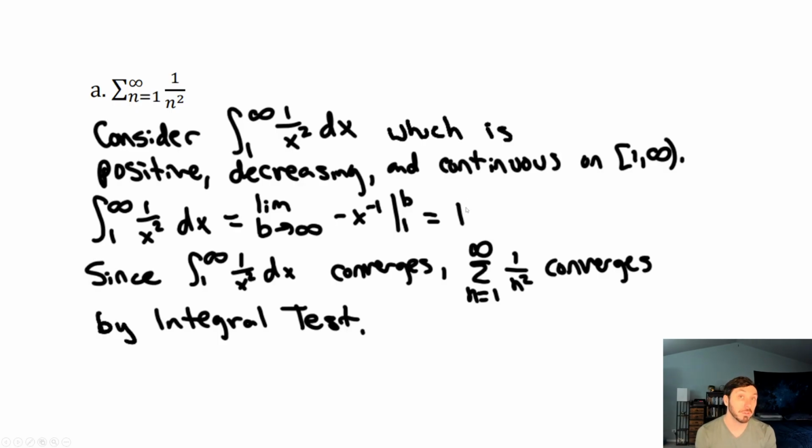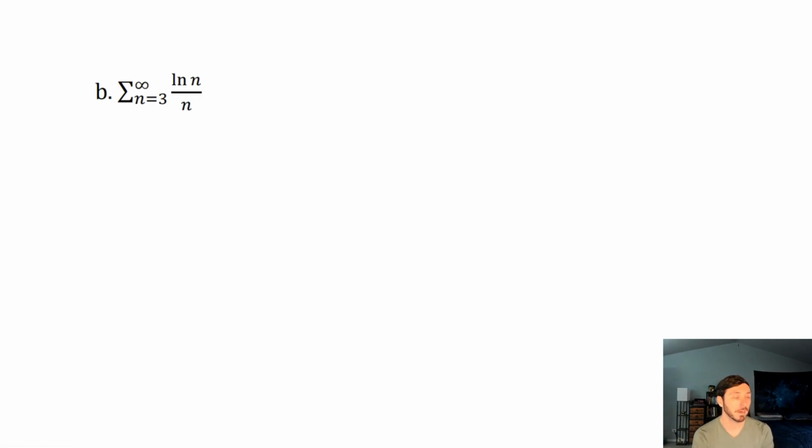And then I do arrive at a finite value. So since the integral from 1 to infinity of 1 over x squared dx converges, we would then say that the original series from 1 to infinity of 1 over n squared converges as well by the integral test. Official explanation and all. All right, see if you can do the next one.